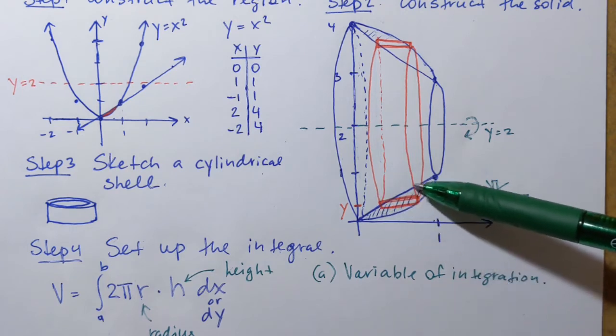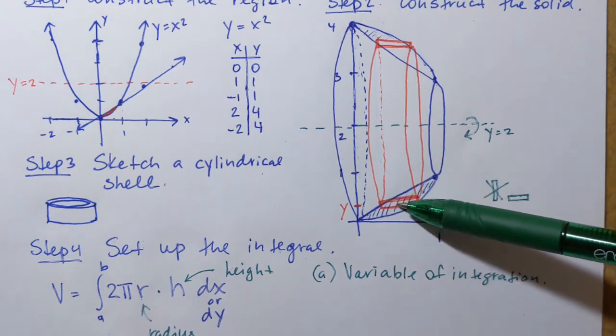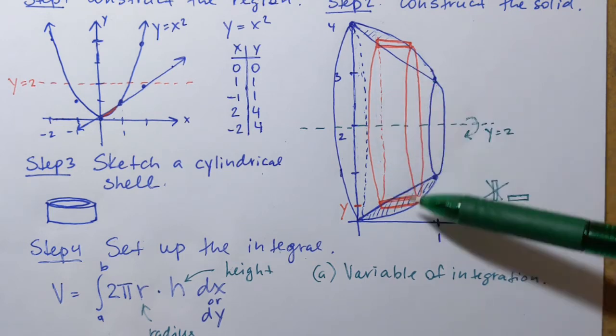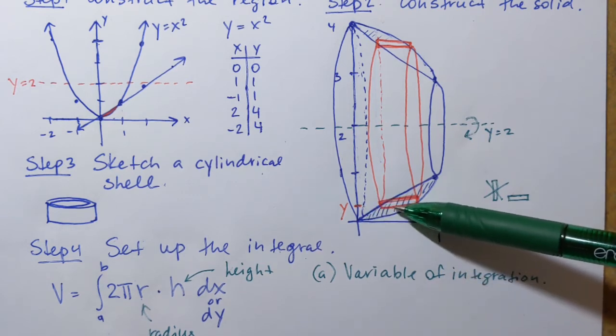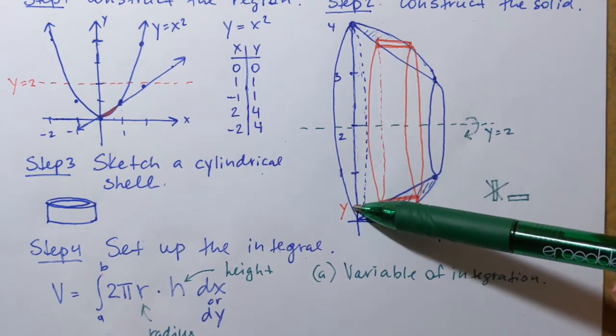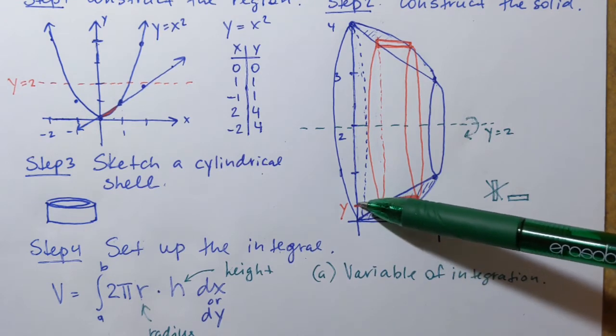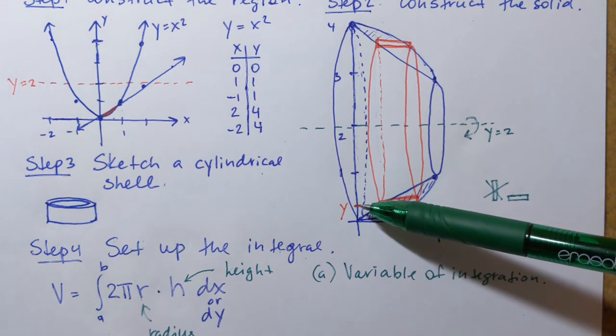So when I put it higher or lower, if I move up or down with this sample rectangle, the shell changes its size. So it means that the size of the shell depends on y, or on the position of this rectangle along the y-axis. Since it depends on y, that means that the variable of integration will be y.